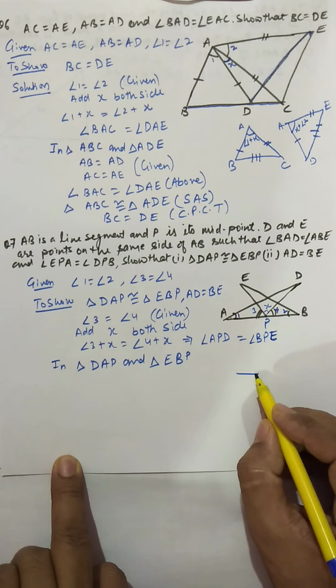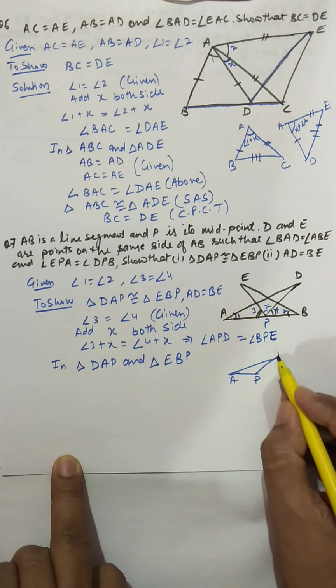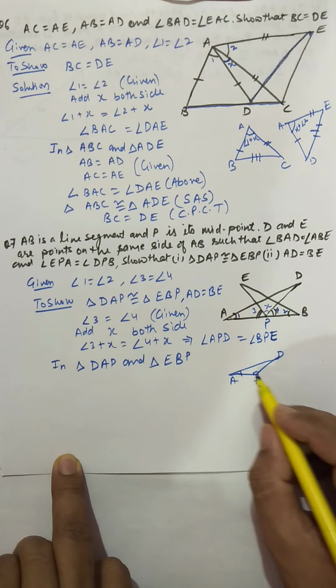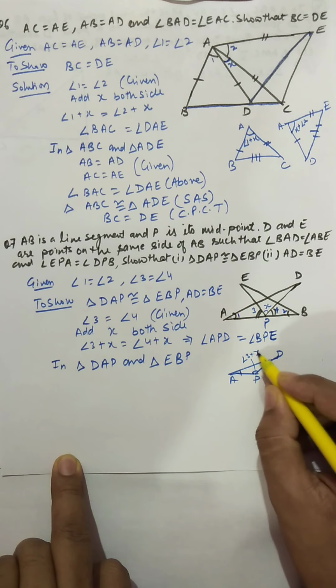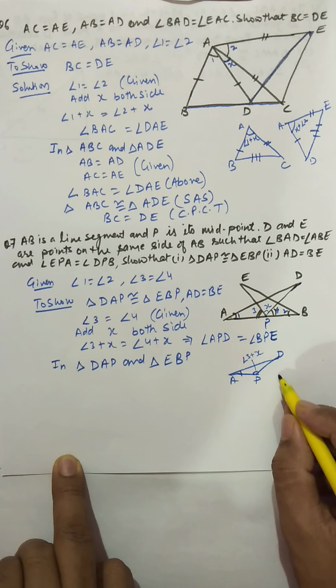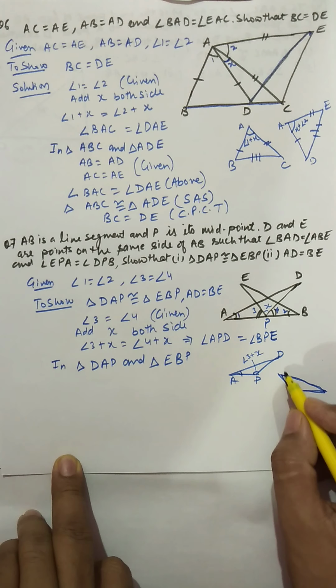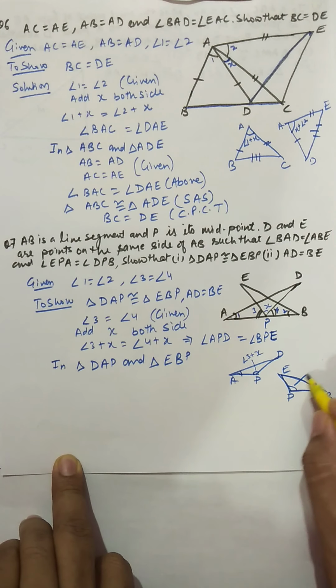This is A, this is P, this is D, and this is one angle, and this angle is angle 3 plus X. And in the next figure, this is E, this is P, this is B, and this angle is equal to this angle, and this angle is your angle 4 plus X.